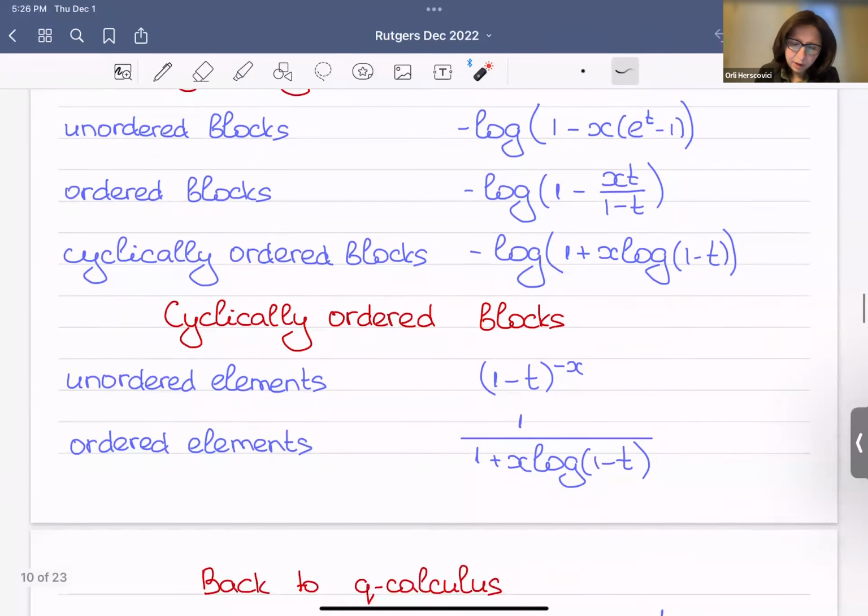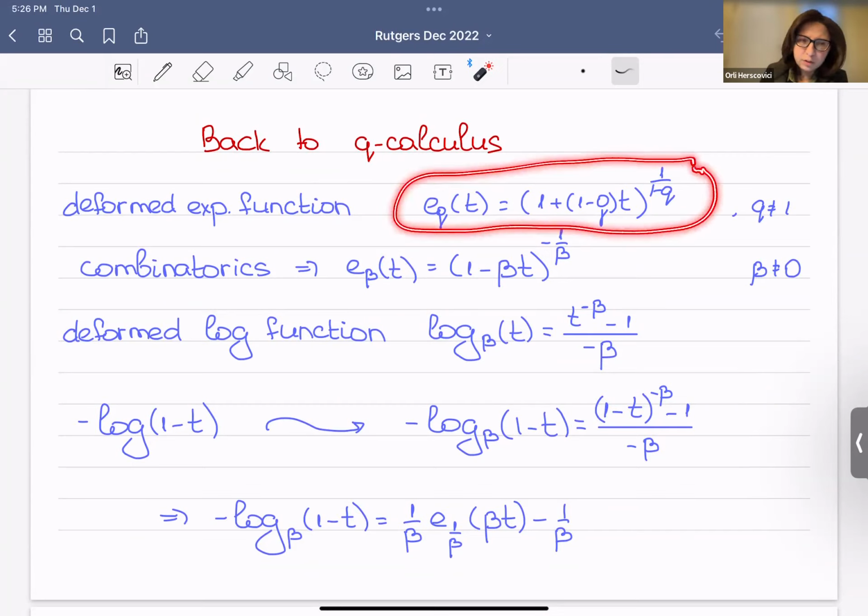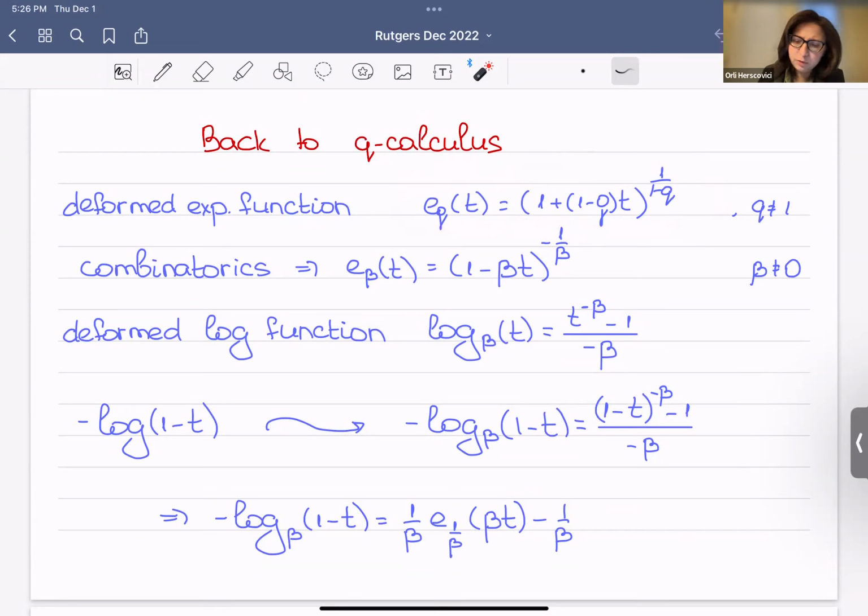So we are going back to Q calculus. This is our generating function, our deformed exponential function, with Q different from 1. But since we are going to consider combinatorics, let me rewrite this function in a more combinatorial way. I will write it with parameter beta: 1 minus beta t to the negative power of 1 over beta.